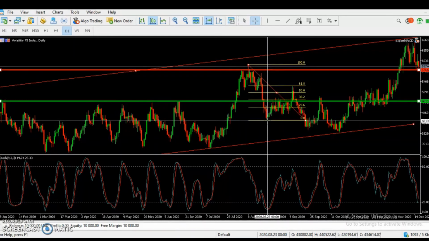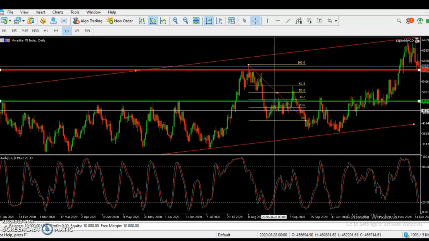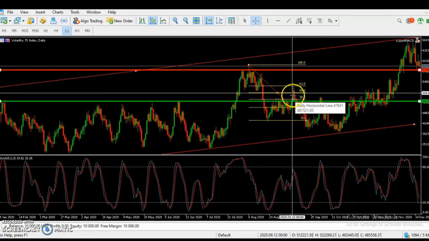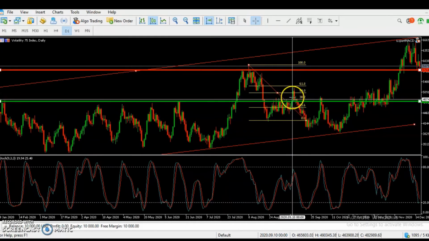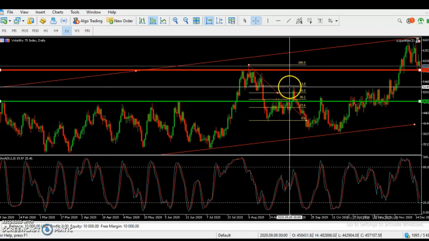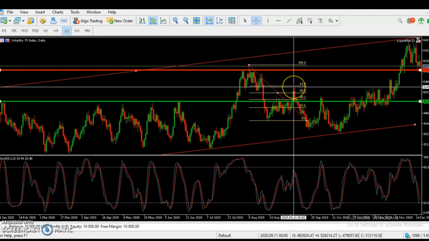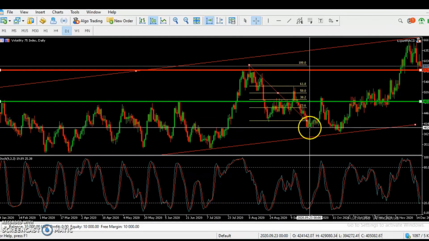So I could have put my buys here before placing my sell. The levels to watch will be between 38.2 and 61.8. Remember we talked about that in our Fibonacci retracement tool video. So this will be a good time to exit my buys and then place my sells here so that it can go down up to here.